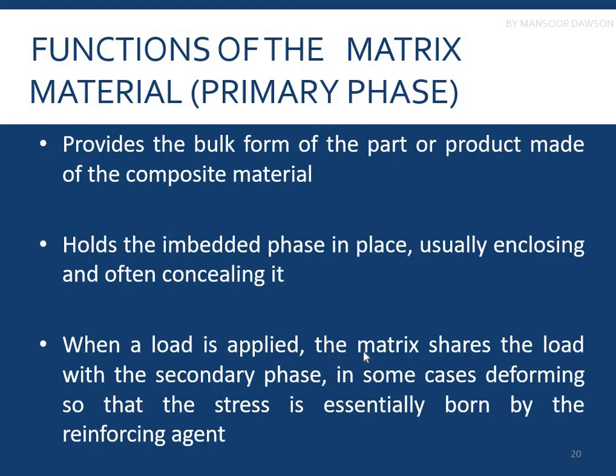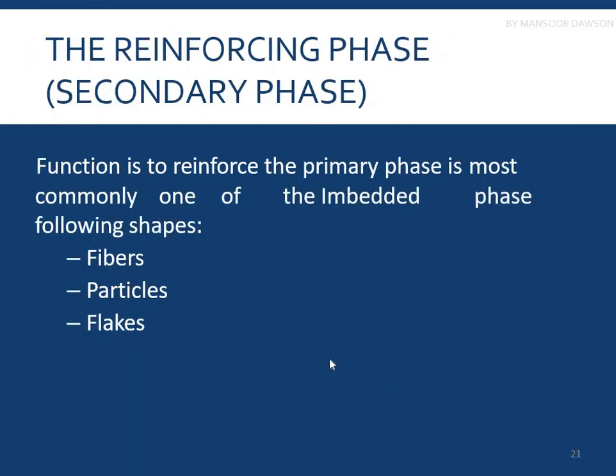That is the reason why the reinforcing agent is also called the strengthening phase. Okay, so the function of the secondary phase or the reinforcement is to provide strength to the matrix. These reinforcements can be fibers, particles, particulates, or flakes.